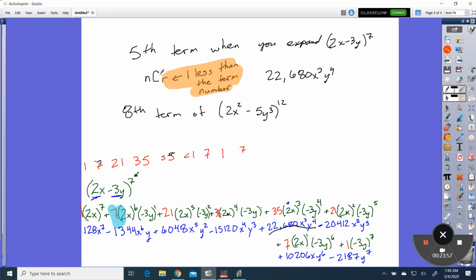So if I want to find the 5th term, the r will be 4. This n is always the same as our exponent on the outside, as our power. So n is going to be 7. If we're after the 5th term, r will be 4.